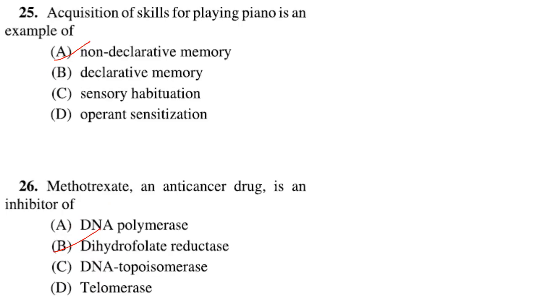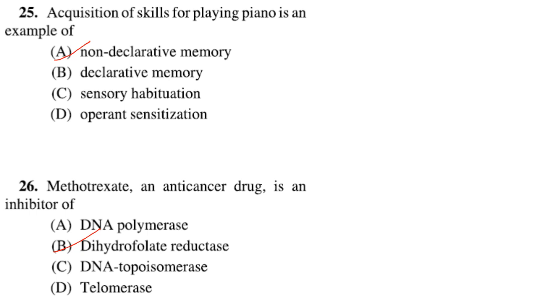Acquisition of skills for playing piano is an example of. So there are two types of memory. One is declarative memory and the other is non-declarative memory. Declarative memory is memory that you are consciously aware of, and non-declarative memory is unconscious memory that can affect your behavior.